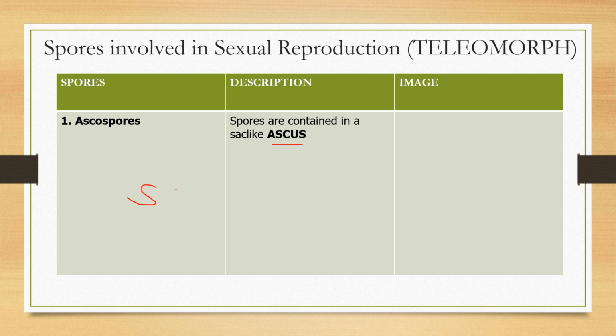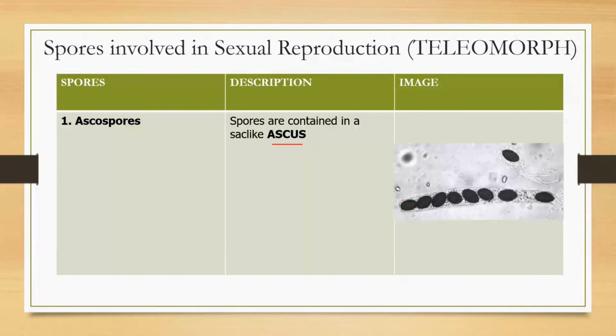So kung sa sporangiospores, meron siyang sporangia. Dito sa ascospores, there is the so-called ascus. So, ayan siya. So this is your spores class. This looks like a hookworm.